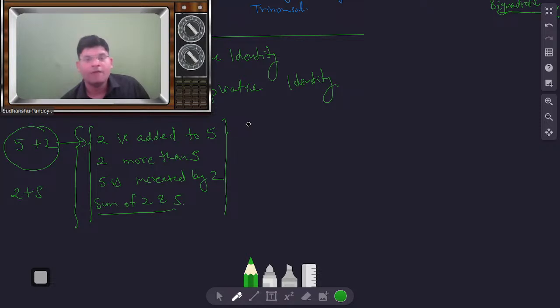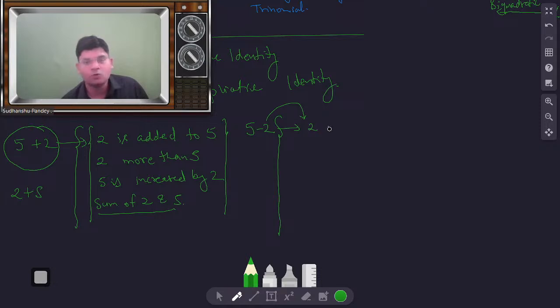Okay. Now if I write 5 minus 2, then one way we can say 5 is subtracted by 2. No, when we are doing the subtraction, you should not use the word by, you should use the word from. And whatever number we are subtracting, we have to write that number first.